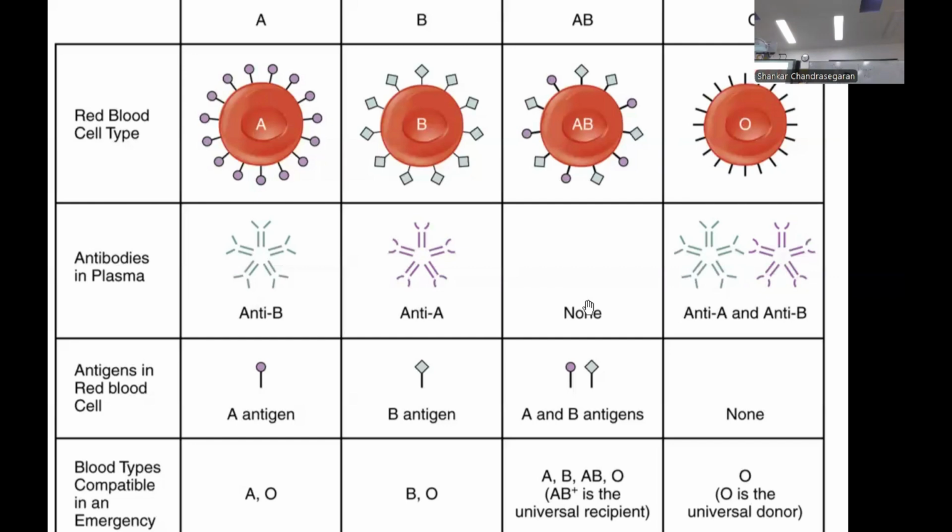If AB is donated to A, then the B antigens on the red blood cell will trigger an immune response in that person, right? So it's convenient that they have both antigens, and the recipient AB will recognize those antigens as being self, so it won't trigger an immune response, right?